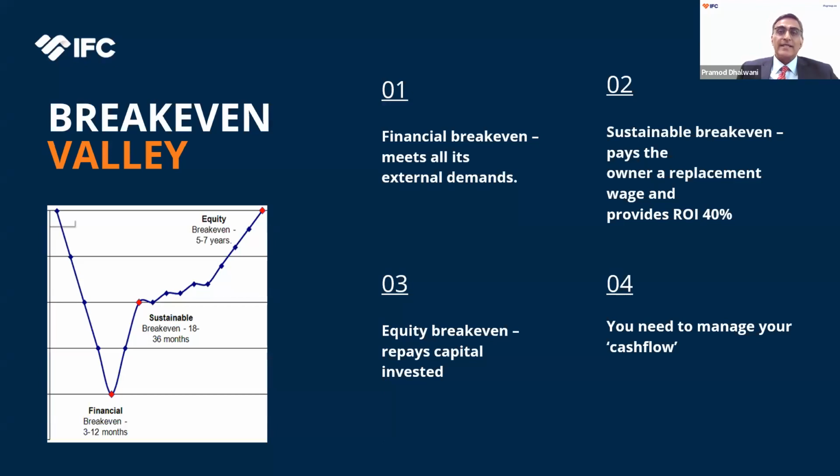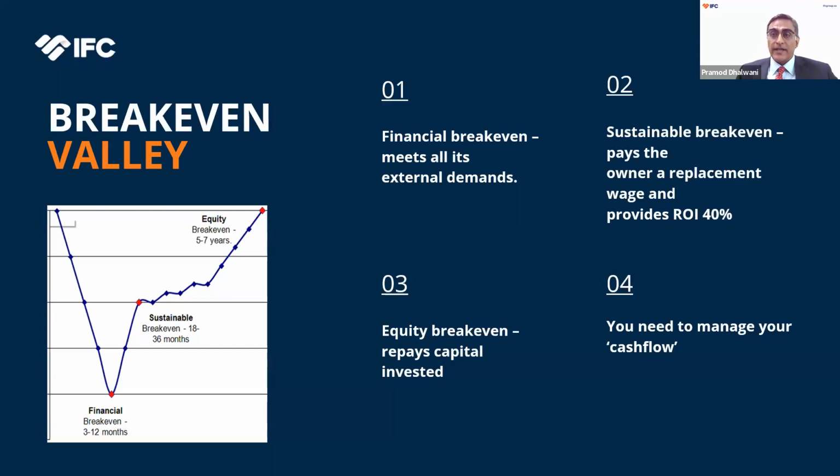The next one is the sustainable break-even. The sustainable break-even is when the owner or the founder of the business is able to take a market wage, because that is when it's sustainable. When you start the business, you can sustain it by not taking any money or any salary for a period of time, but you will not be able to do that for an unspecified number of years or even months.